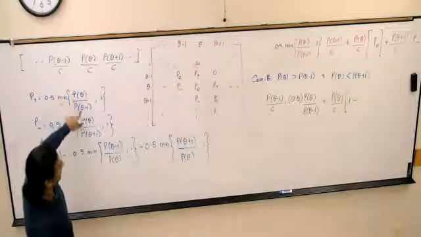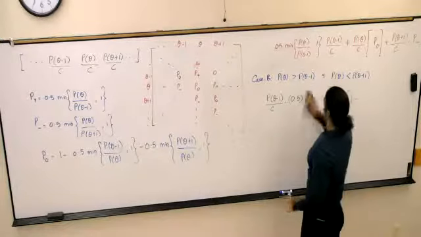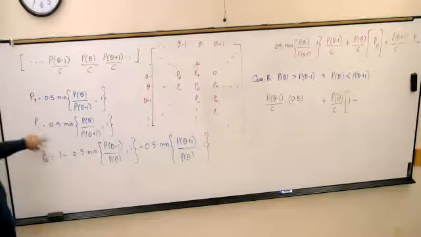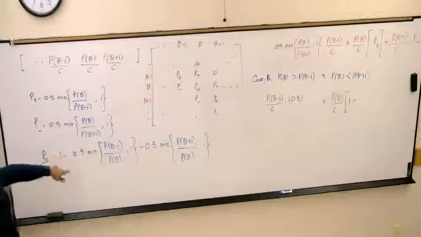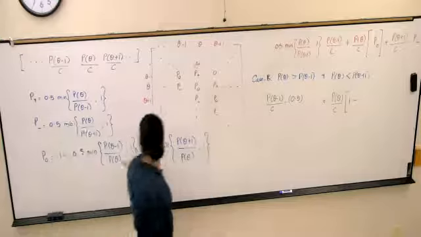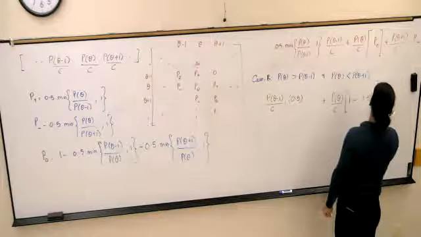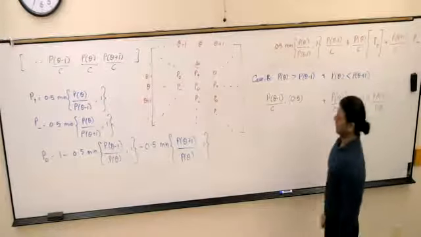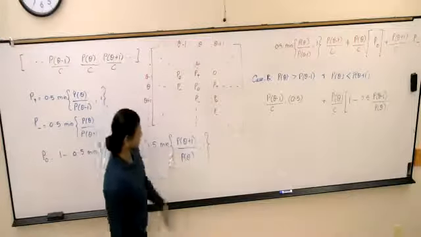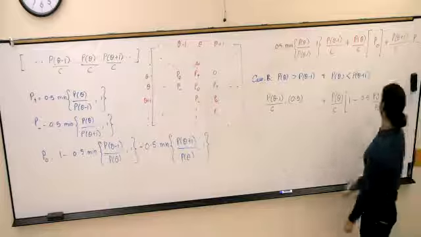Yes. And in the second case, P of theta is bigger than P of theta minus 1, so that would be the smallest term. So minus 0.5 P of theta minus 1 over P of theta. Over here, theta is less than theta plus 1, so that would be 1 minus 0.5.